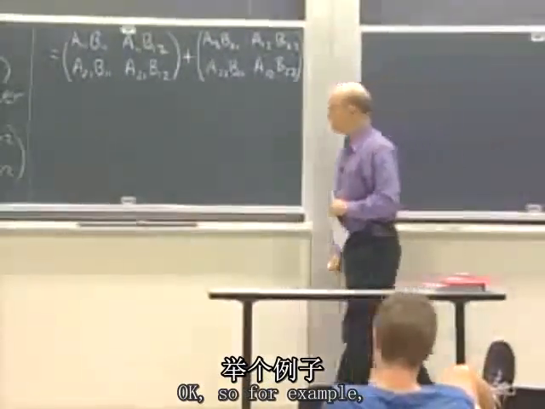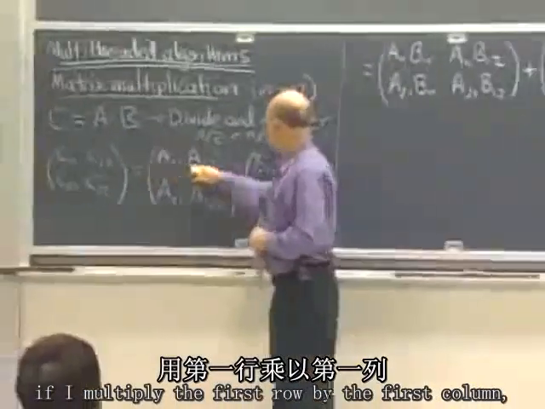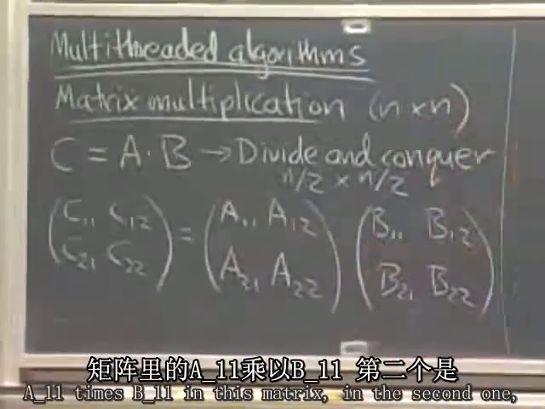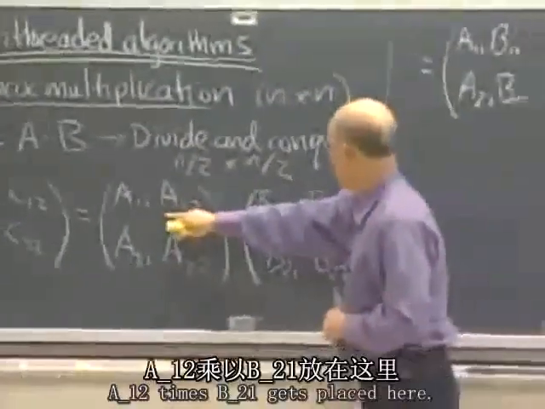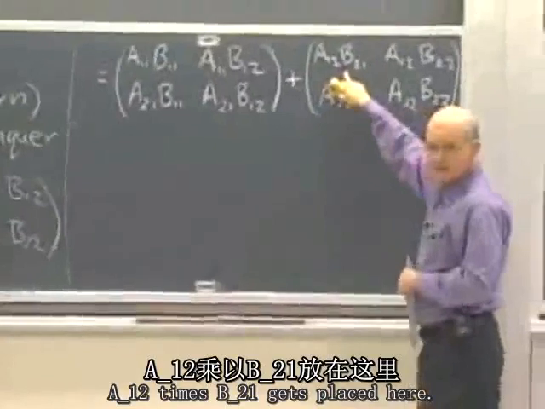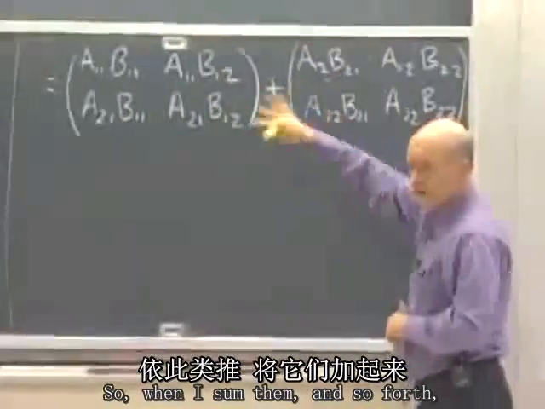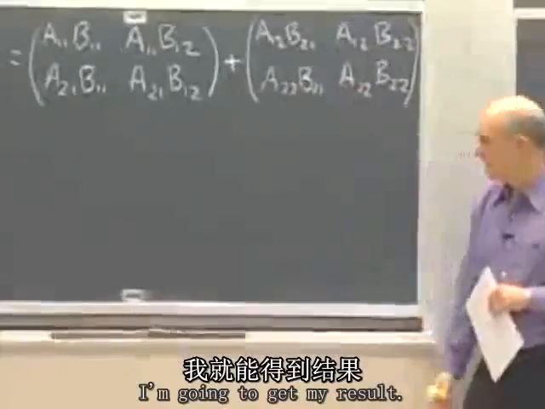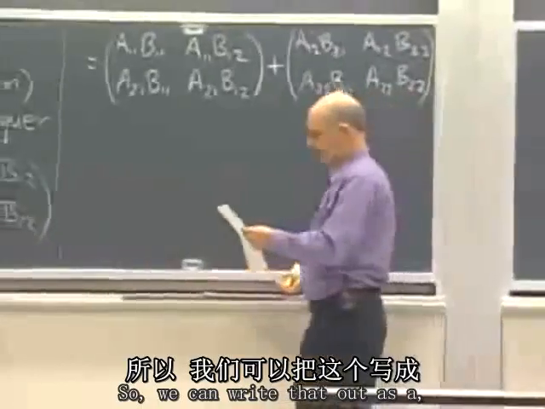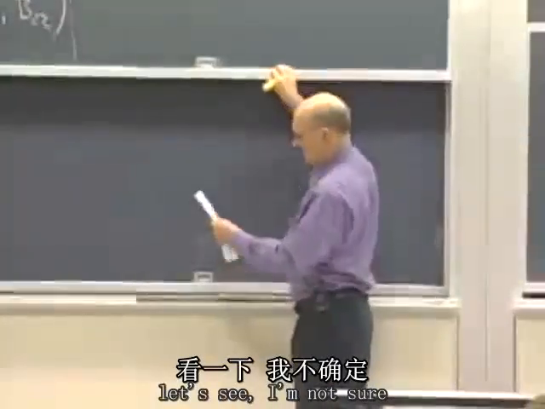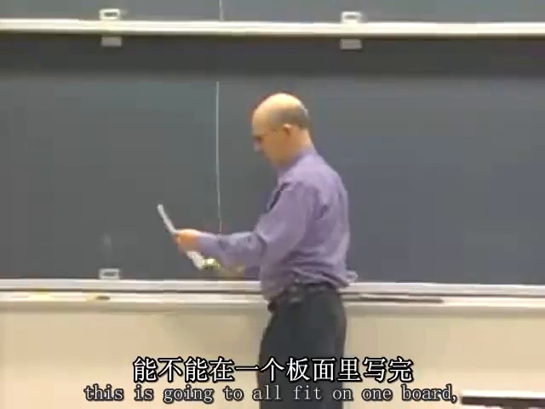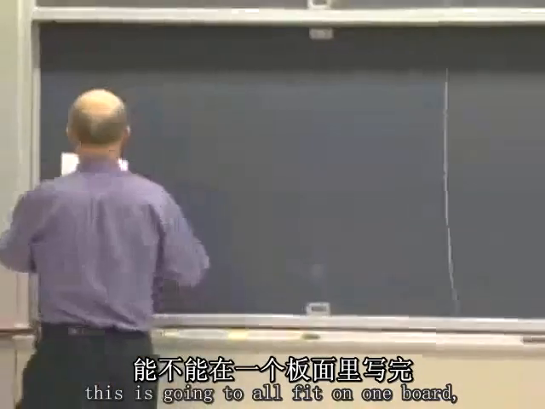Okay, so for example, if I multiply the first row by the first column, I'm putting the first term, A11 times B11, in this matrix, and the second one, A12 times B21, gets placed here. So when I sum them for the other entries as well, I'm going to get my result. So we can write that out as a, let's see, not sure this is going to all fit on one board, but we'll see what we can do.